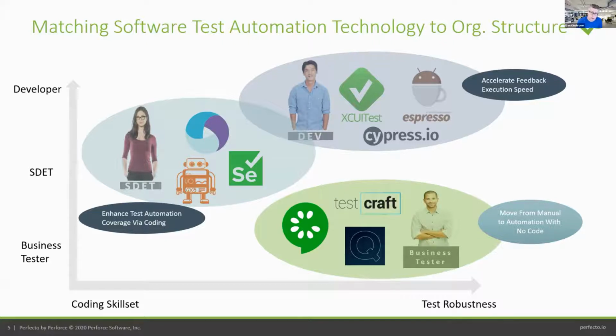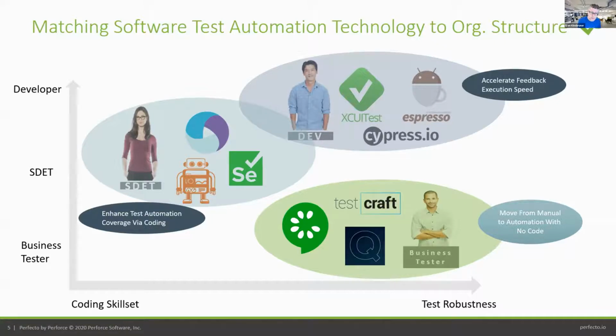On the mobile front, you look at Espresso or XCUITest. On web, you're looking at Cypress. This is a very fast framework, and I will explain soon why it's so fast. But it's not just the framework, it's also when you take the framework and put it on steroids with parallel testing, obviously you are accelerating feedback, and that's the sweet spot of developers doing testing.